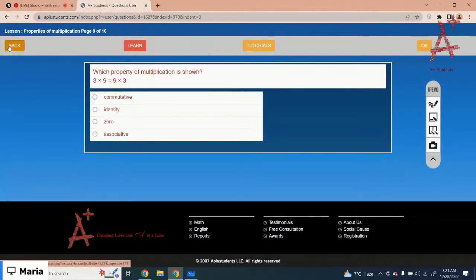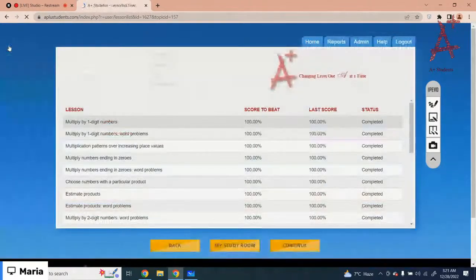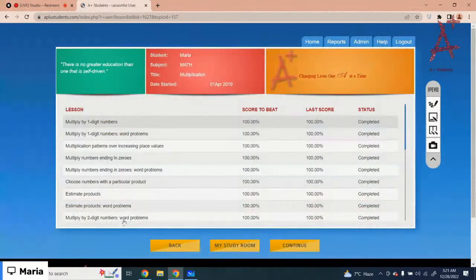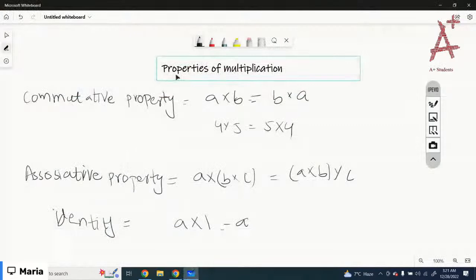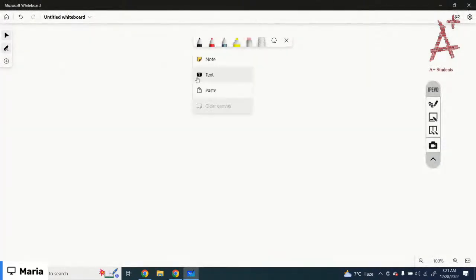Okay, you can complete the test by yourself later today. Let me just move on to the next topic. The next topic is multiply by two-digit numbers. Complete the missing steps. Let me just write down the lesson name. Multiply by two-digit numbers.